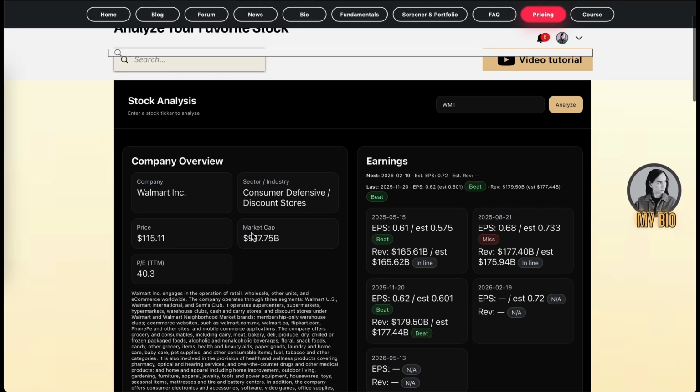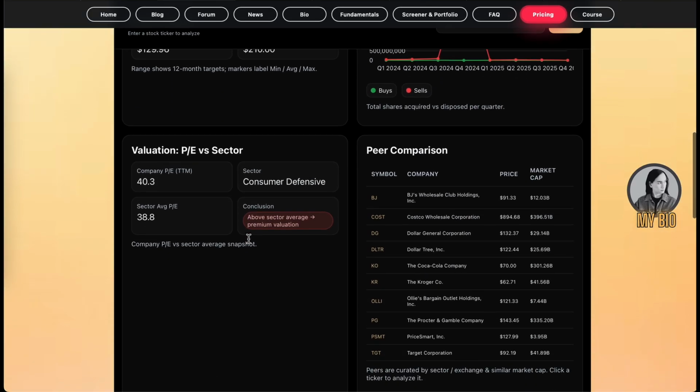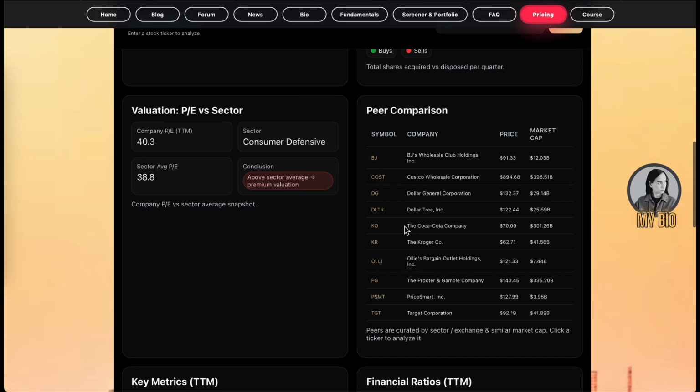Walmart has a $970 billion market cap. And when choosing its closest peers, we can choose the Procter & Gamble company, we can choose the Coca-Cola company, or we can choose the Costco corporation. These are the closest peers based on the market cap.